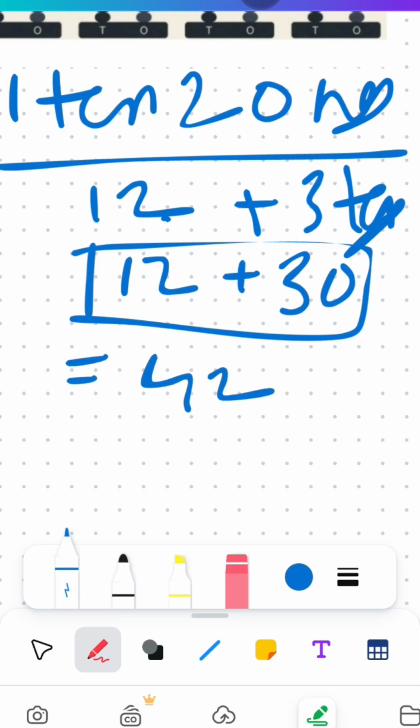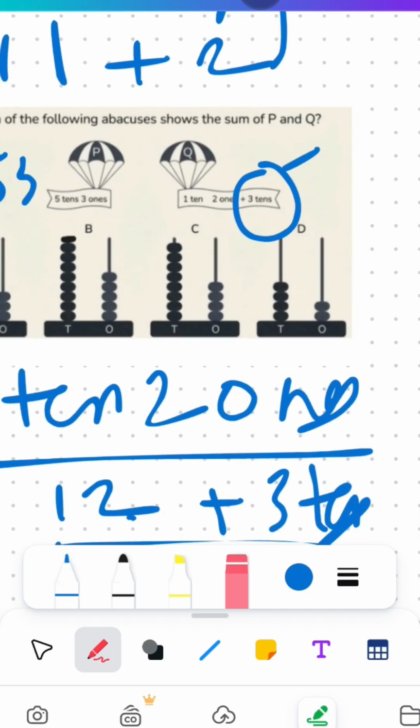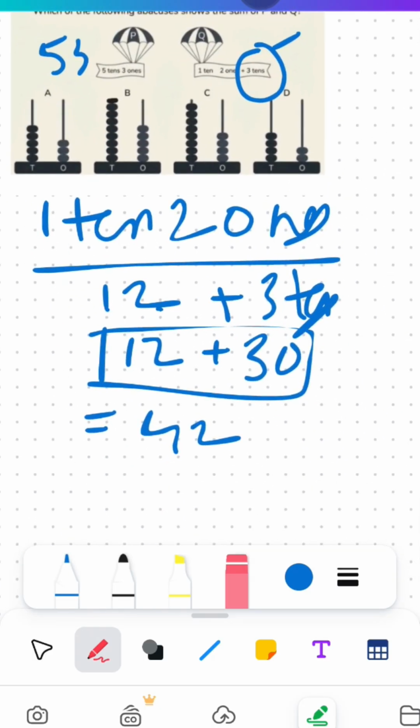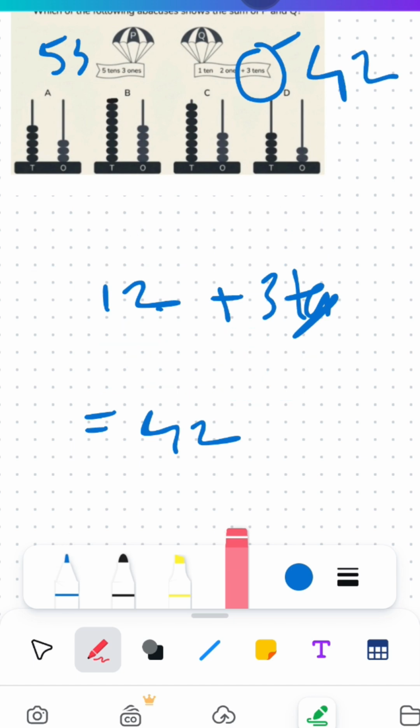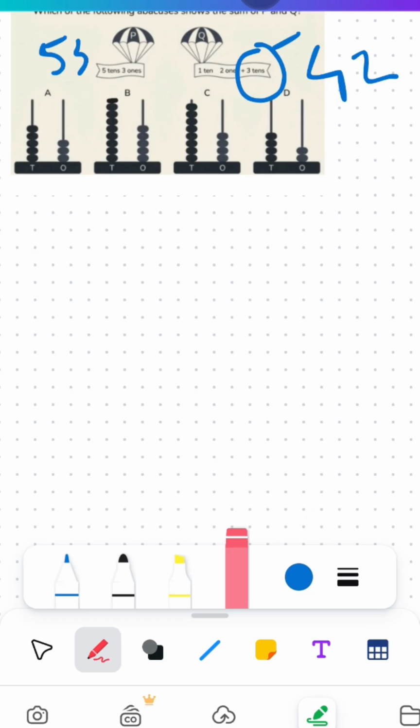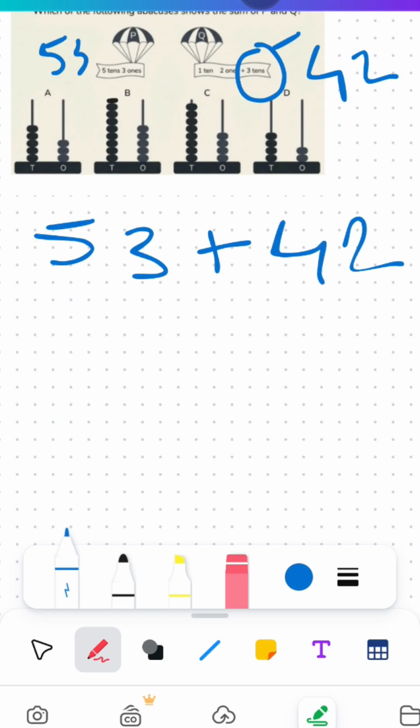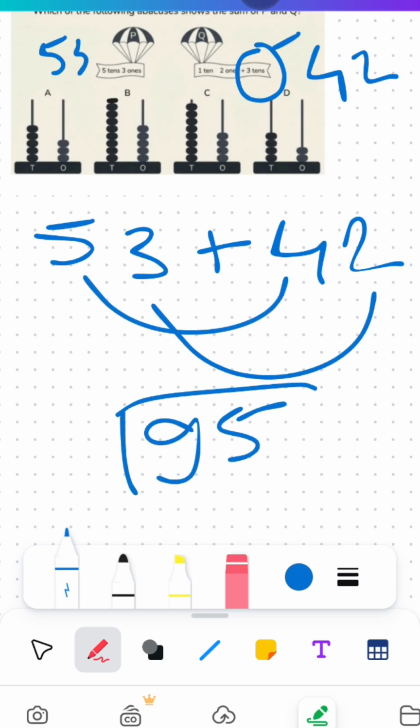So we find two values: the first value is 53 and the second value is 42. Now 53 plus 42 is how much? 3 plus 2 is 5. 5 plus 4 is 9. The value is 95.